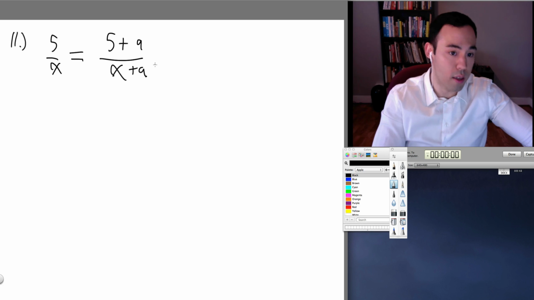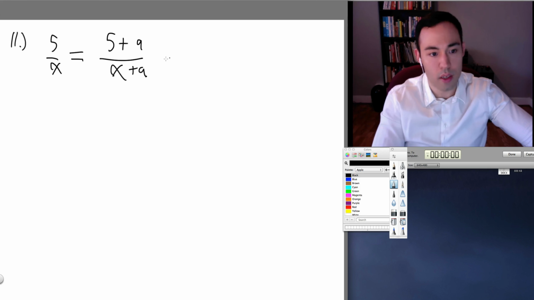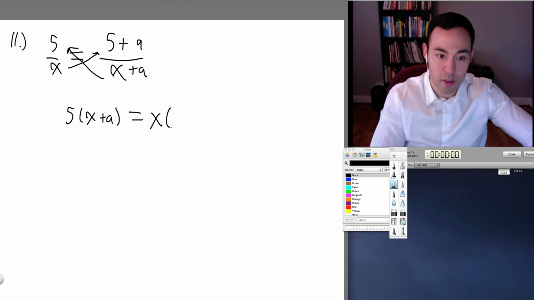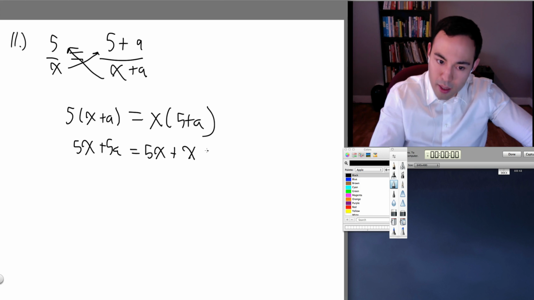So if a does not equal 0, we've got 5 over x equals 5 plus a over x plus a. What is the value of x? Here we have a ripe opportunity for cross multiplication. So 5 multiplied by quantity x plus a equals x multiplied by quantity 5 plus a. Then we have 5x plus 5a equals 5x plus xa.